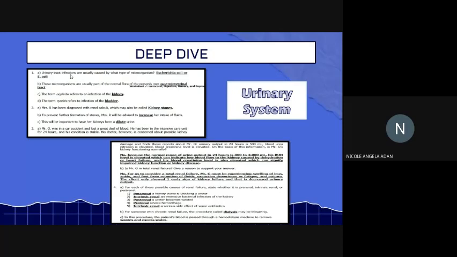An extensive bacterial infection of the kidney. The answer is intrinsic renal. A ureter becomes twisted. The answer is postrenal. Severe hemorrhage, prerenal. A serious side effect of some antibiotics. The answer is intrinsic renal.